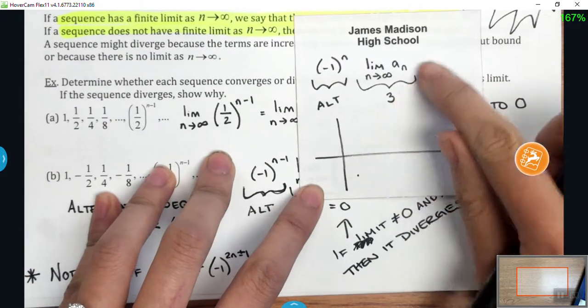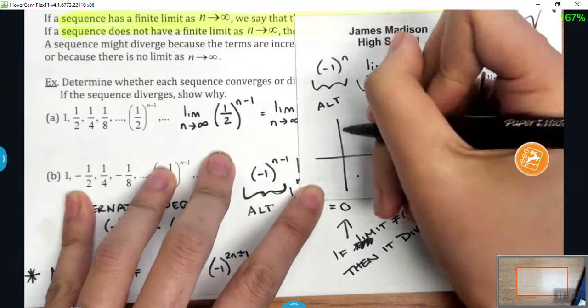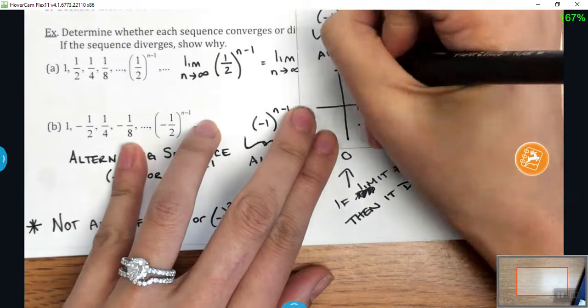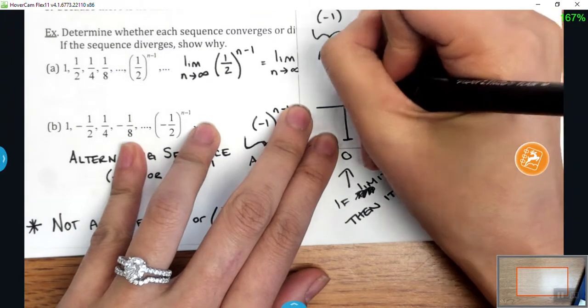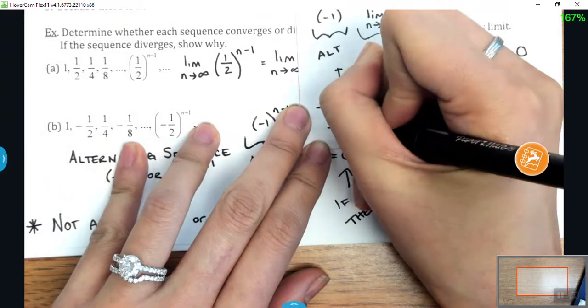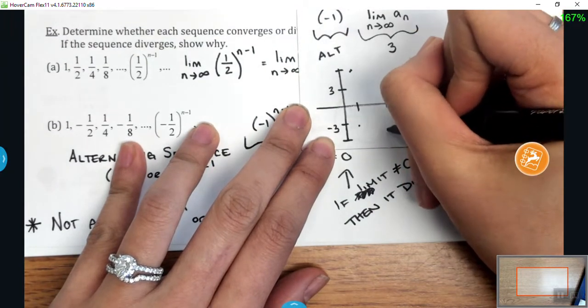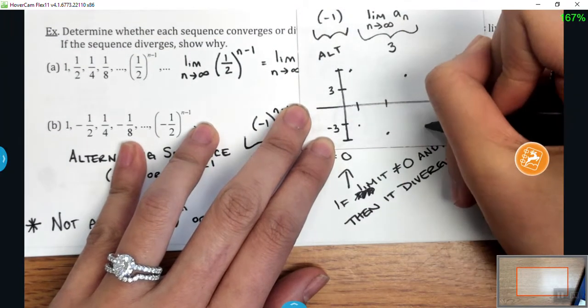As I went to infinity, since my limit's going to 3, my values, just like you sketched the sequence up here, are going to go from up here to down here, and then up here to down here.